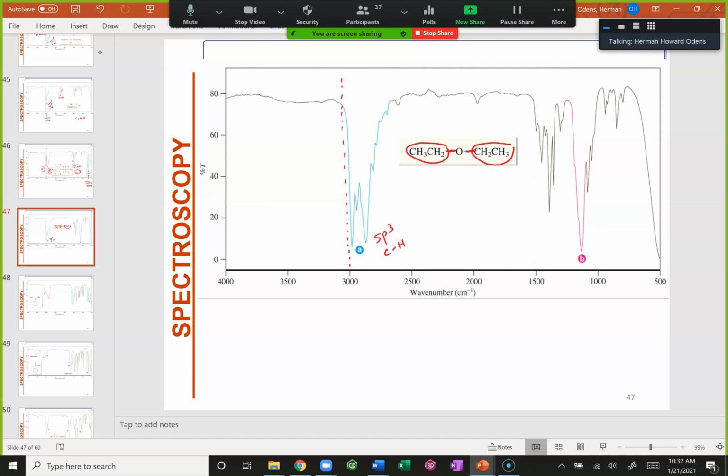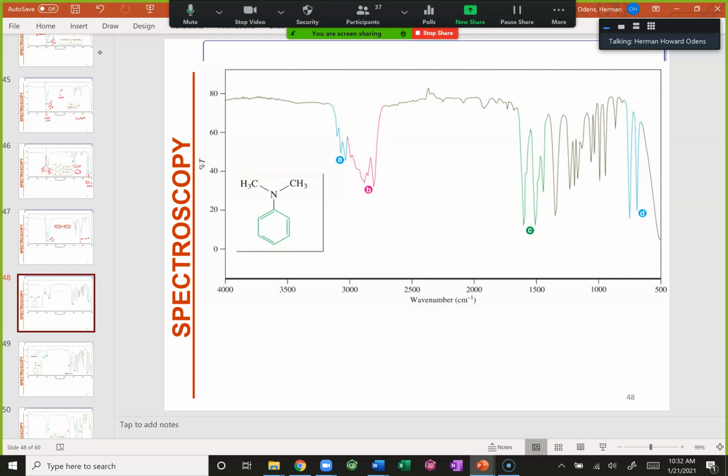Notice that it's broad because you have a pull from one side and a pull from another side, and it almost broke up here and it almost broke up here, but it didn't separate. So instead it just made a huge broad signal. Write CO stretch or just write CO. Let's go and take a look at the next one.